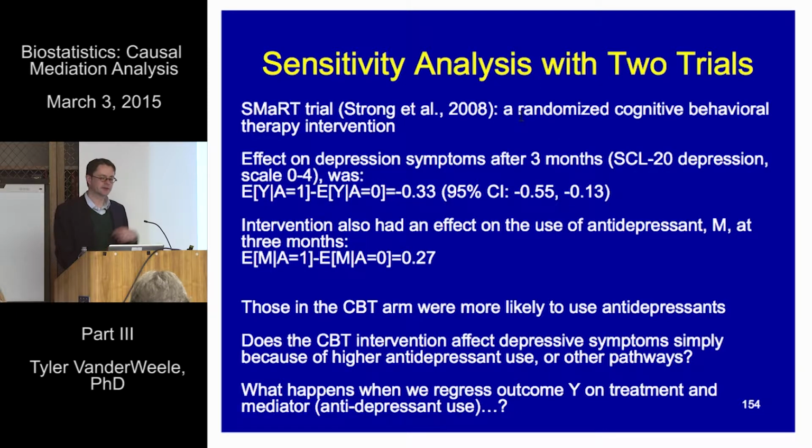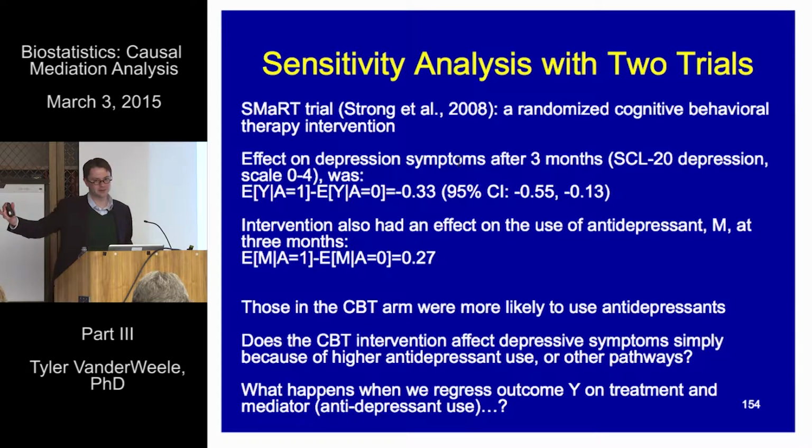So as a reminder, this was a trial of a randomized cognitive therapy intervention. The effect on depressive symptoms at 3 months was a third of a point reduction on a scale from 0 to 4 in depressive symptoms. But it was also noted at 3 months follow-up that those with the cognitive therapy intervention had higher use of antidepressants, 27 percentage points higher at follow-up.